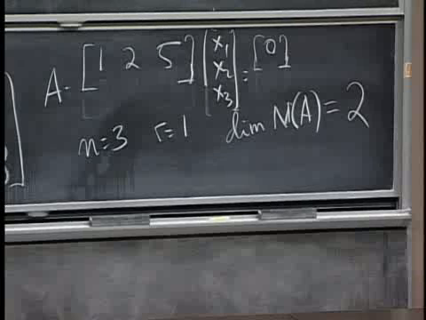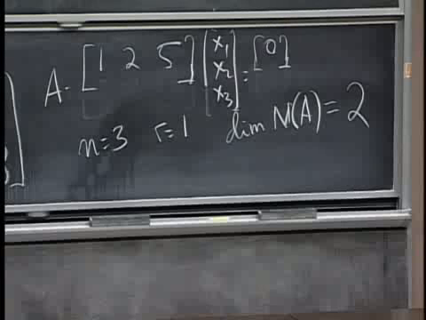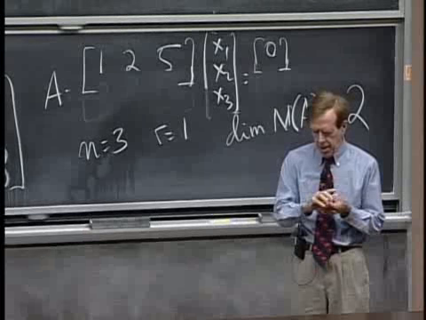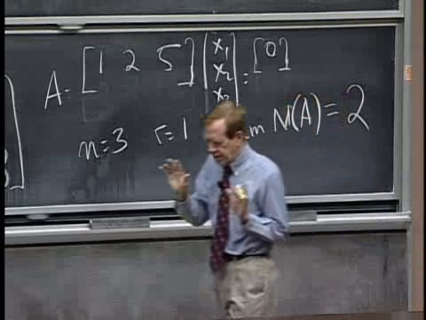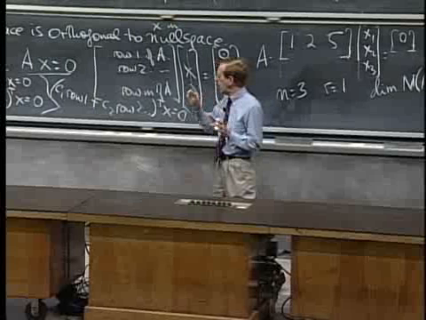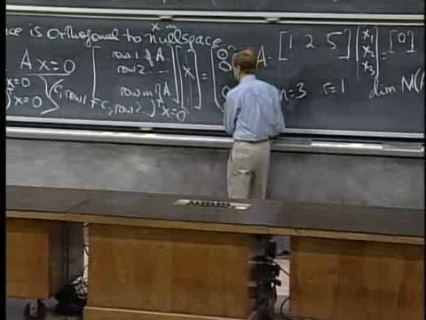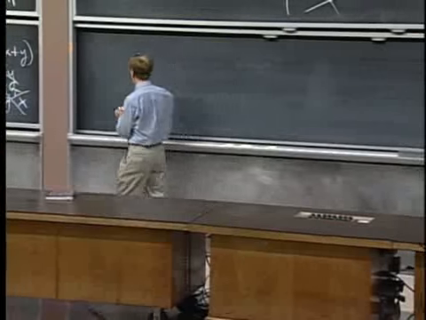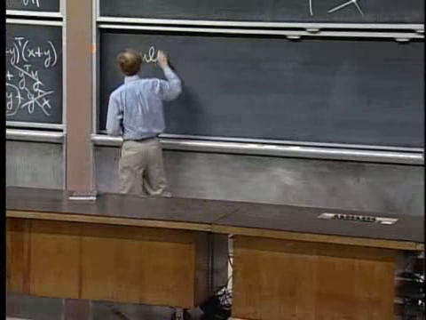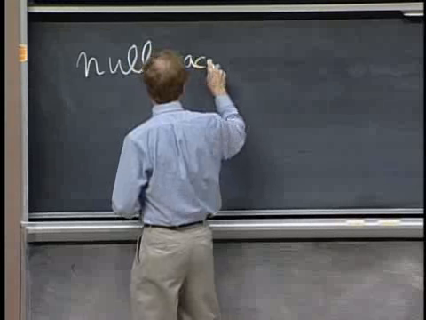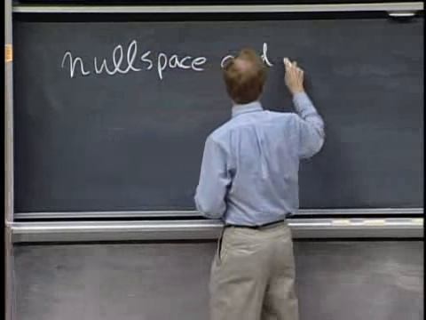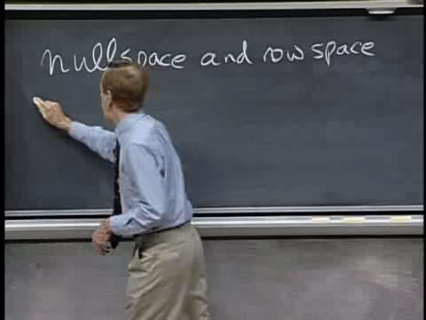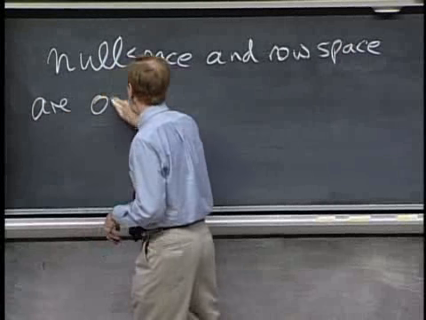So what's the point I want to make here? I want to emphasize that not only, let me write it in words, the null space and the row space are orthogonal.